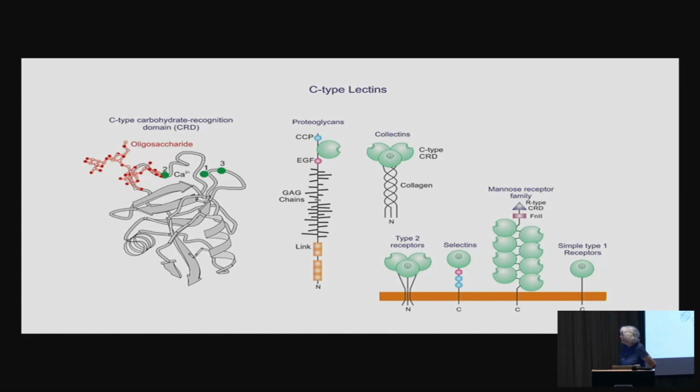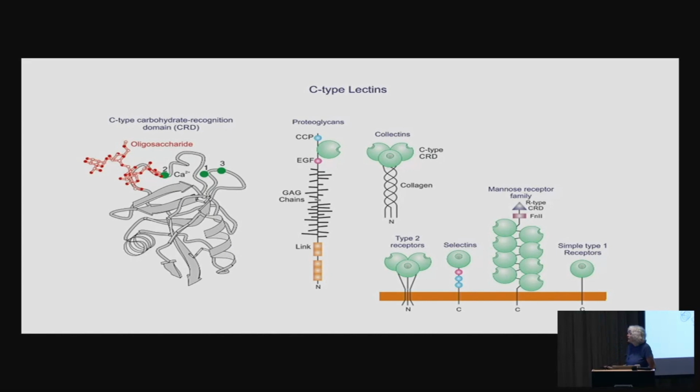They can do things like endocytosis, cell adhesion, or signaling. The C-type carbohydrate recognition domain recognizes the sugar, decodes the information, and then these additional accessory domains determine what happens after those sugars have been recognized.